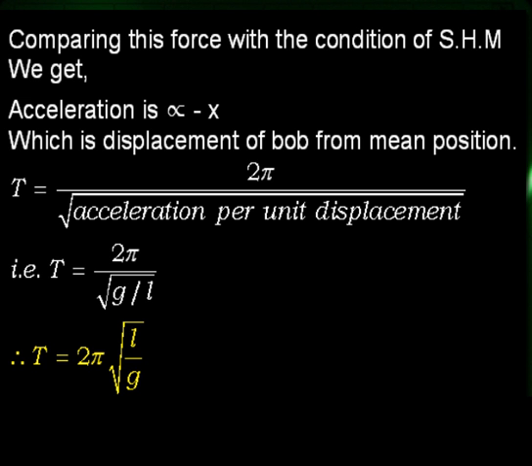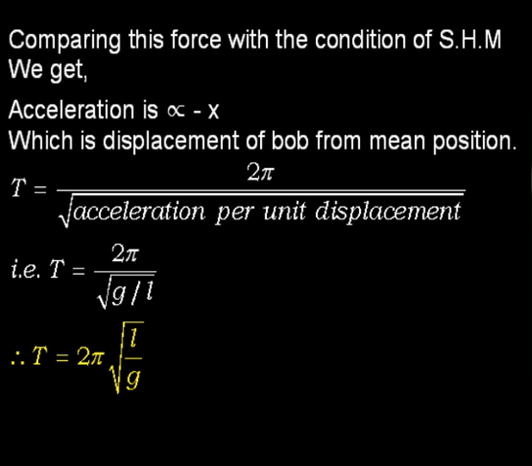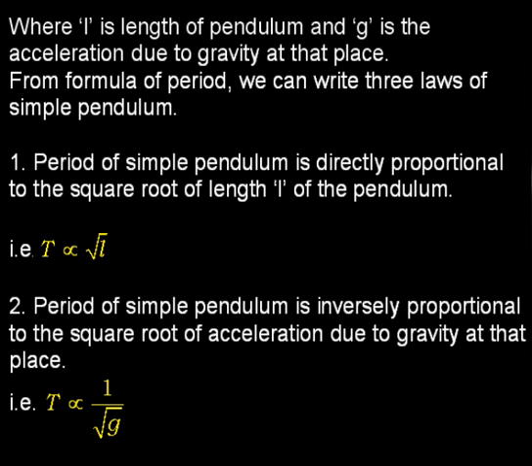From the formula for period as 2 pi upon under root acceleration per unit displacement, we get the formula for period of a simple pendulum as 2 pi under root L upon g, where L is the length of the pendulum and g is the acceleration due to gravity at that place.